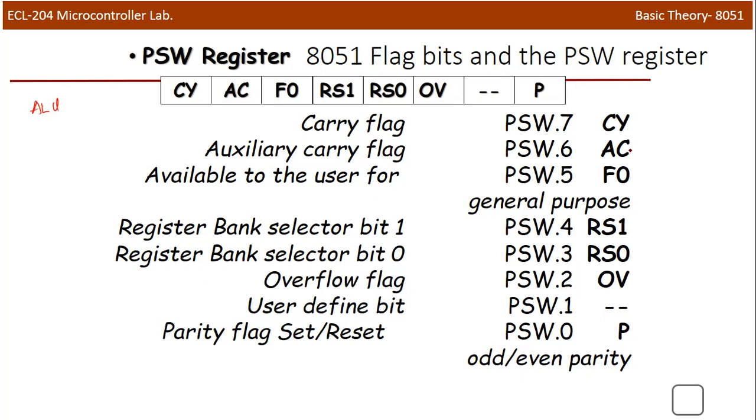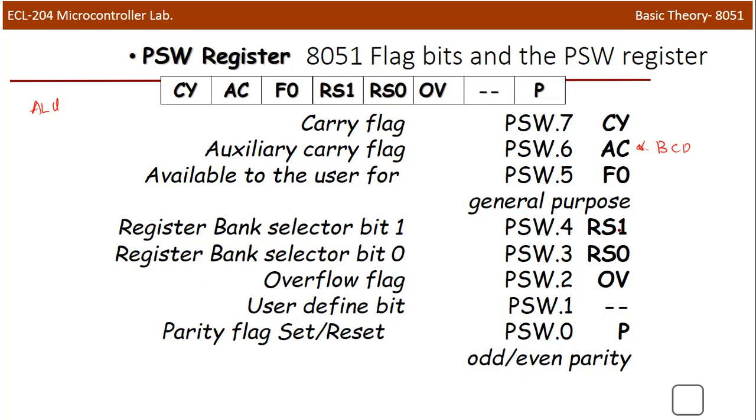After each addition, if the result is more than 8 bits, you can see the carry flag. Similarly, the auxiliary carry flag is normally used in BCD addition. F0 is a general purpose flag with no special purpose. The user can use this F0 or configure it for any other purpose.